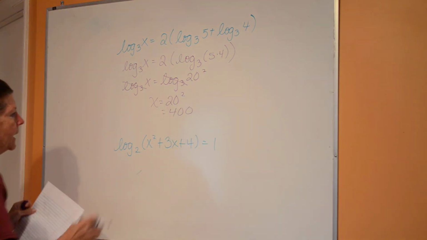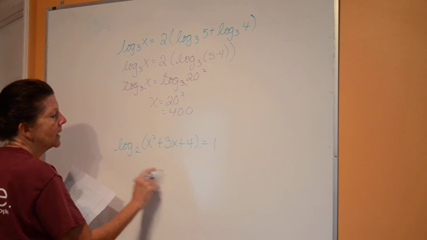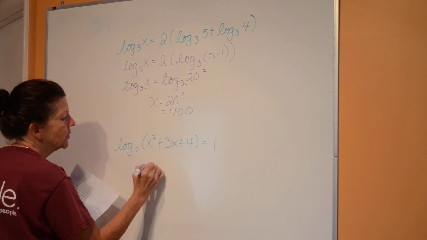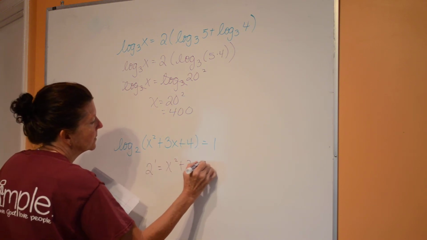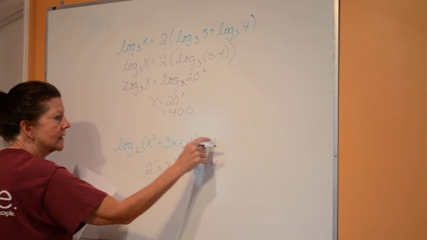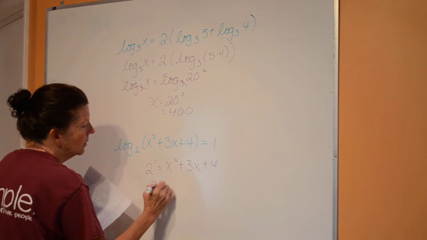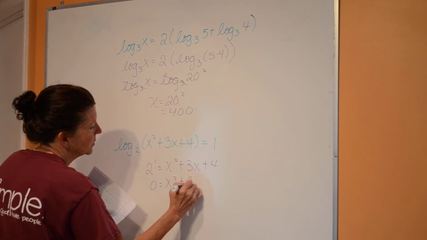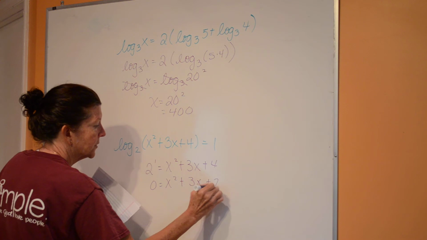All right, this one down here, there's not a whole lot I can do here. So the only thing I can do is write it in exponential form. So I have 2 to the first power is equal to x squared plus 3x plus 4. Remember, it's this to this power equals this. I'm going to subtract the 2. So I have x squared plus 3x plus 2.